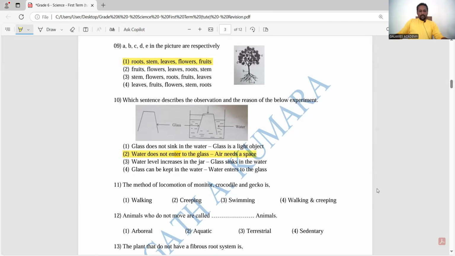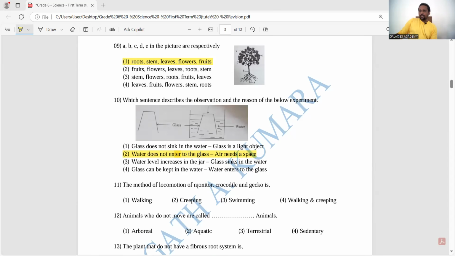Okay, then look at the 11th question. Question number 11, given the method of locomotion of monitor, crocodile, and gecko. These animals belong to which group? There are 5 types of groups we can identify the animals, right? What are the 5 types? Fish, amphibians, reptiles, birds, and mammals.